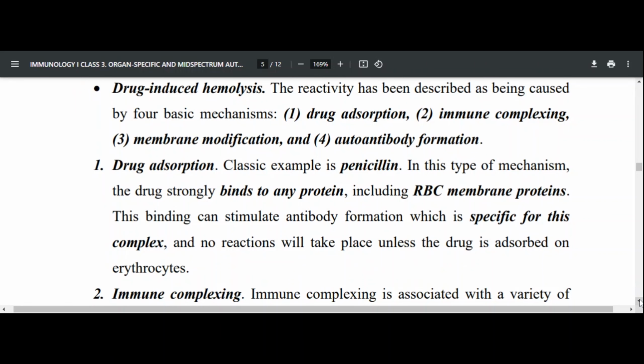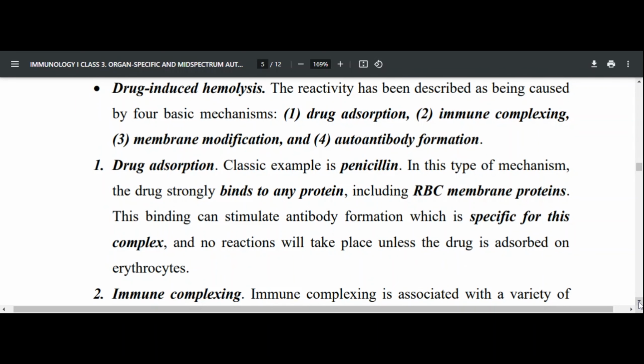But it is drug induced, because a drug like penicillin binds on RBC membrane proteins, and this will stimulate autoantibody formation, which then comes and destroys RBCs. So that is how the drug adsorption mechanism works to generate RBC autoantibodies that cause hemolysis.